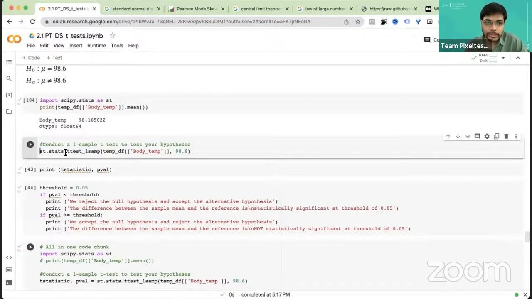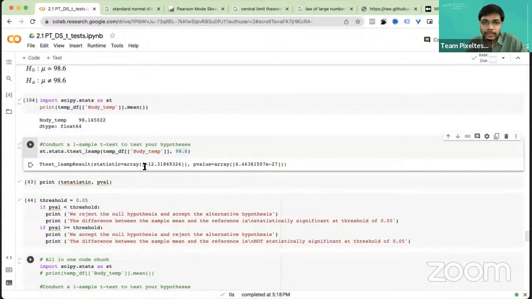So we are going to run the same function, stats.ttest_1samp, giving the column body temperature and the hypothesis mean that we want, 98.6. So I'm going to run this, and the output here is that we got the p-value to be 6.46 times e to the power minus 27, right?